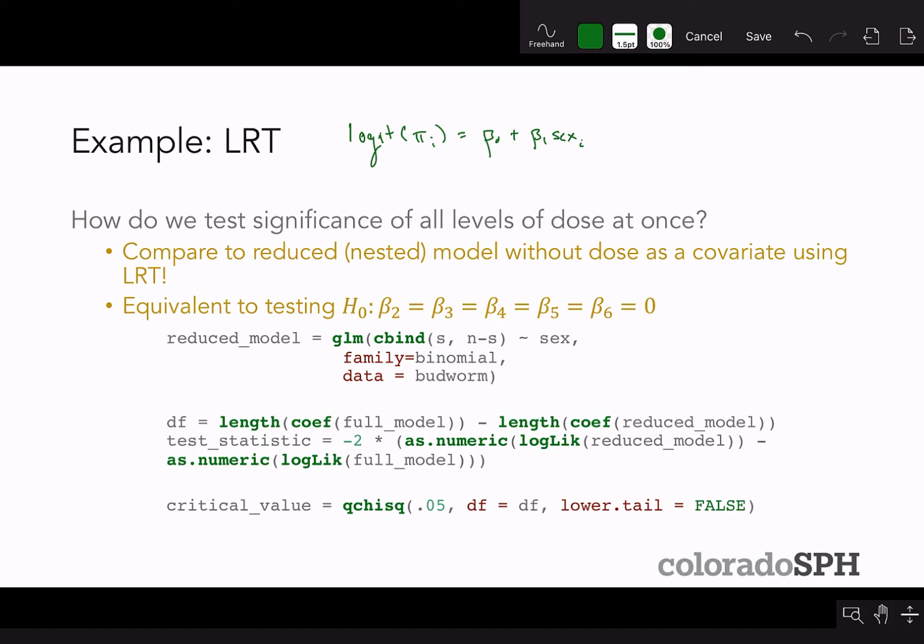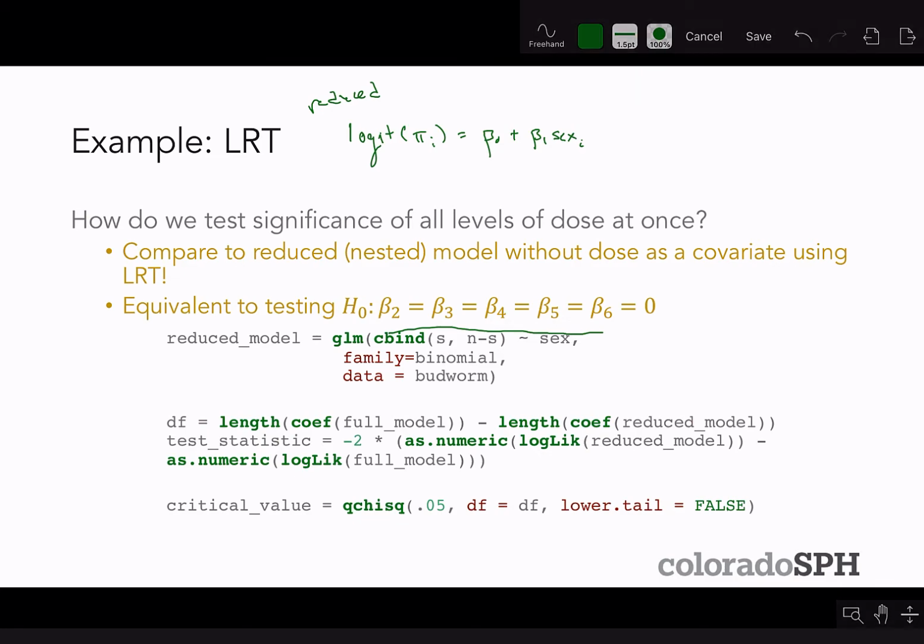So we're comparing this reduced model to the full model in the previous slide, which is equivalent to testing the null hypothesis that all of the betas in front of a dummy variable for dose are equal to 0.